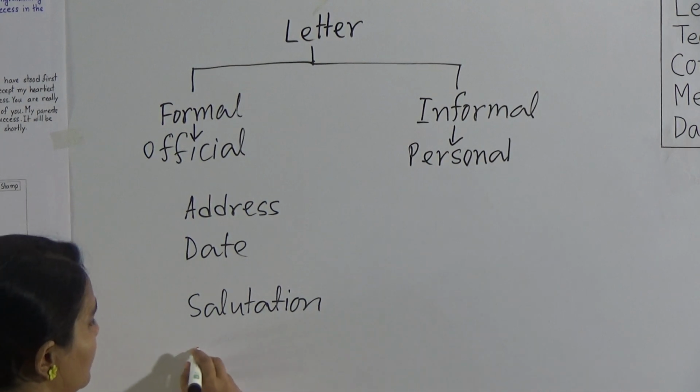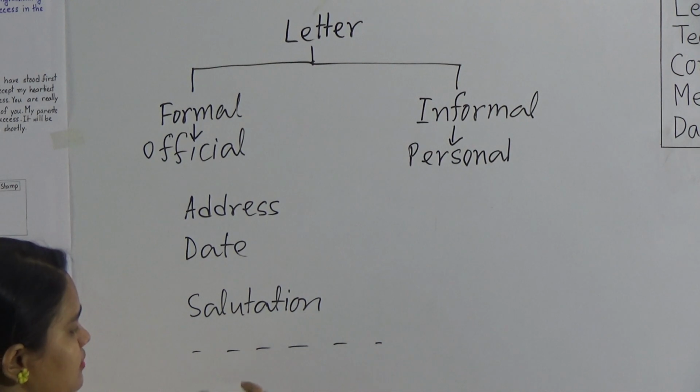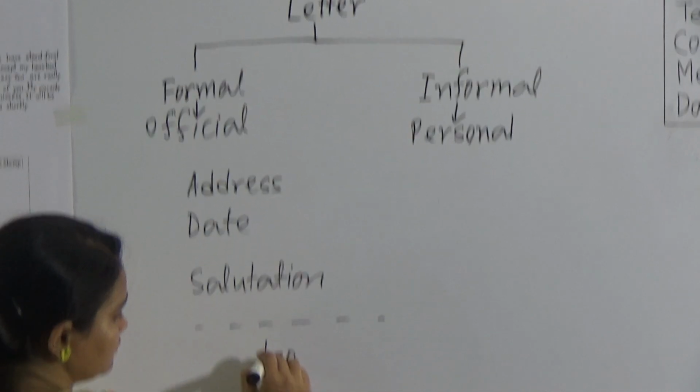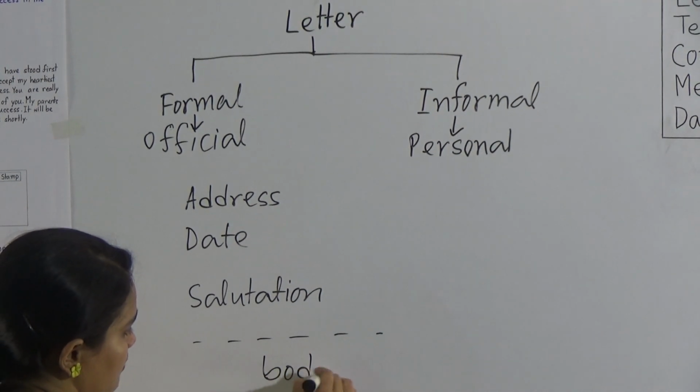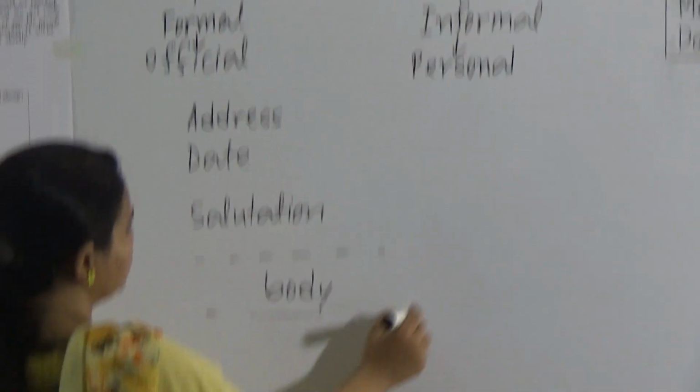Now the body will come. That means the main part of the letter, whatever you try to write. So this is the body of the letter, and then what will come?